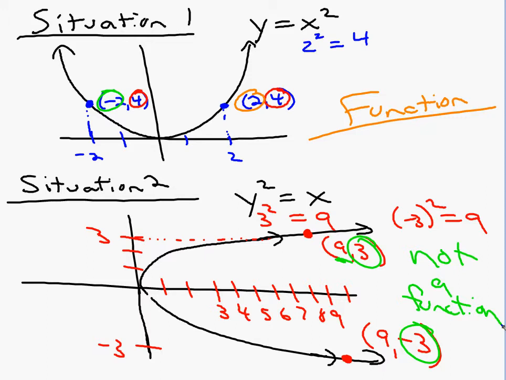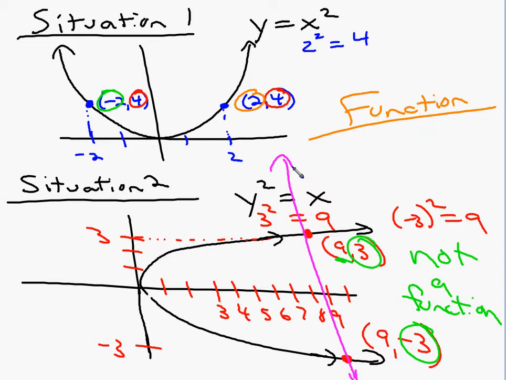Okay? And we're going to learn there's a real quick way to tell if it is a function or not, and we can do that using the vertical line test. Look, wouldn't a vertical line hit this thing twice? Right?